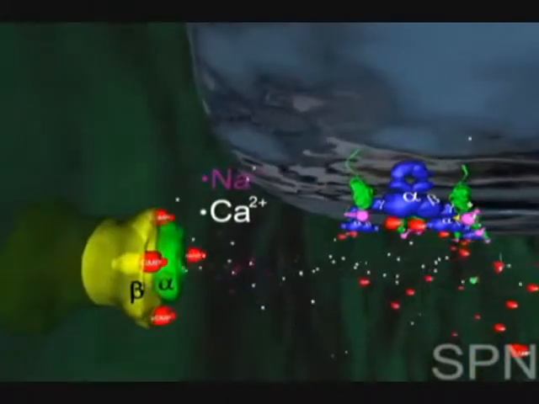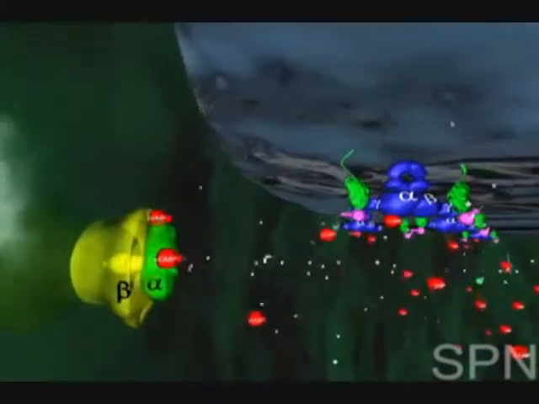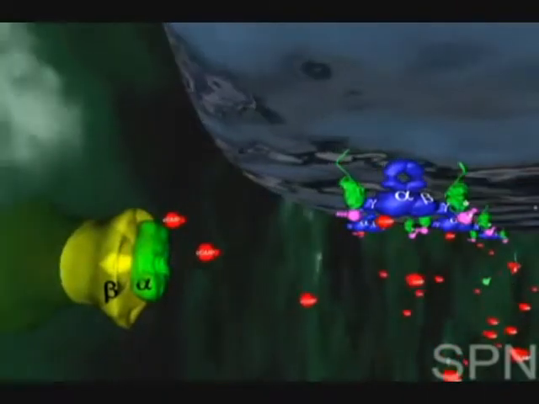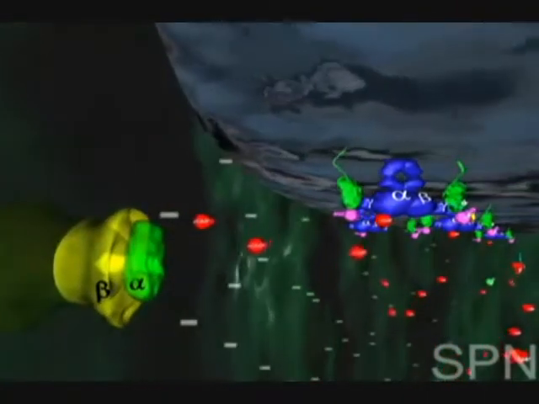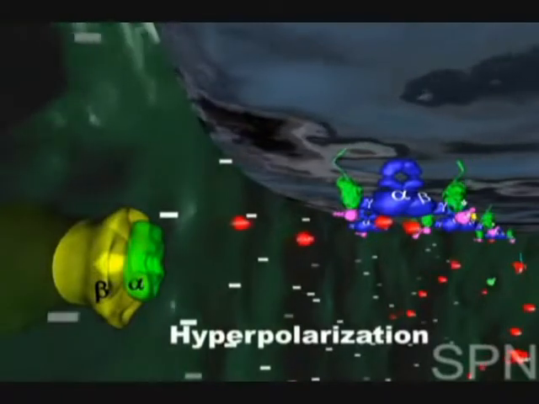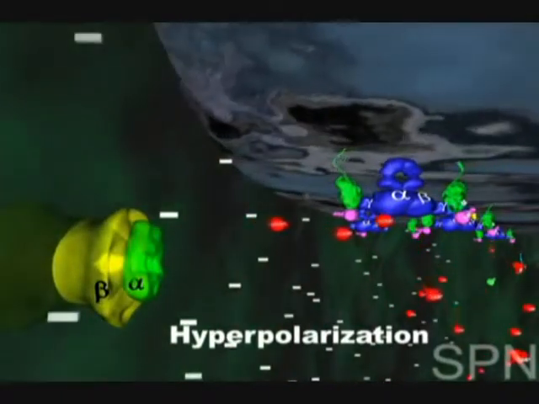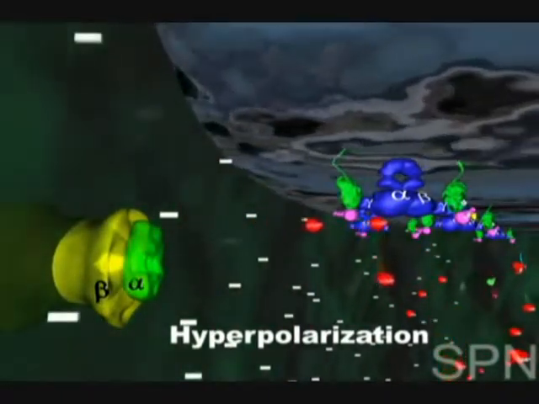The drop in cyclic GMP levels leads to the cation channels closure in the plasma membrane and blockage of sodium and calcium influx. Consequently, the photoreceptor membrane hyperpolarizes, generating a direct flow of electric current along the membrane.